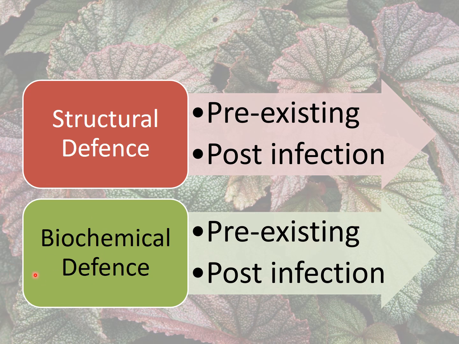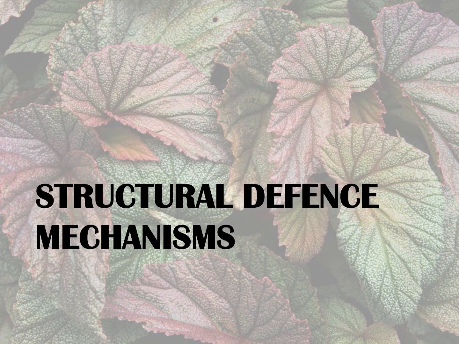As the purview of this topic is quite large, we will be studying this under 4 modules. In today's module, we will be talking about structural defense mechanisms which are pre-existing in nature. These structural defense mechanisms form the first line of defense. Whenever a pathogen is trying to enter, there will be obstruction in its entry.